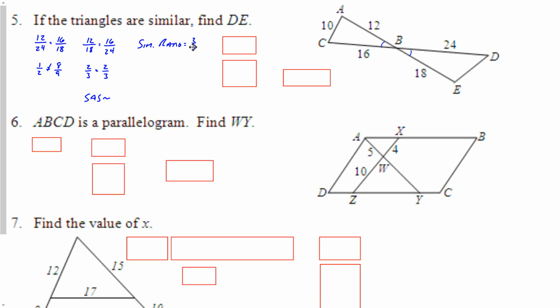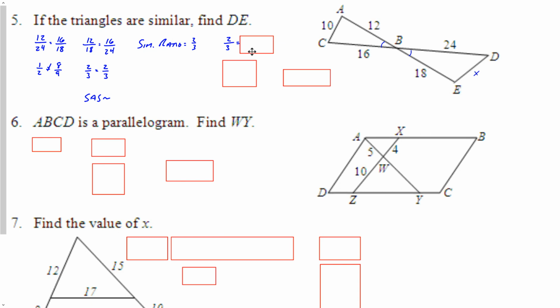So we use that similarity ratio to set up a proportion in order to solve. If we're supposed to find DE, somebody might choose to put a variable for that length in the picture. And then set up your proportion. You take your similarity ratio. I always suggest using the similarity ratio because it's already been reduced. Your numbers will be smaller and easier to deal with. And in this case, we went from triangle ABC to triangle EBD.